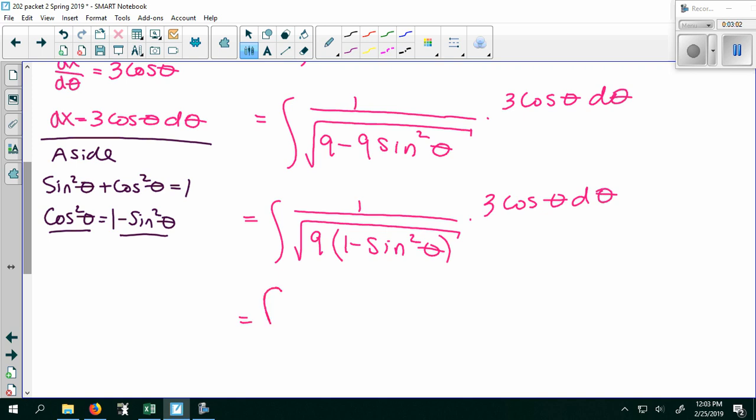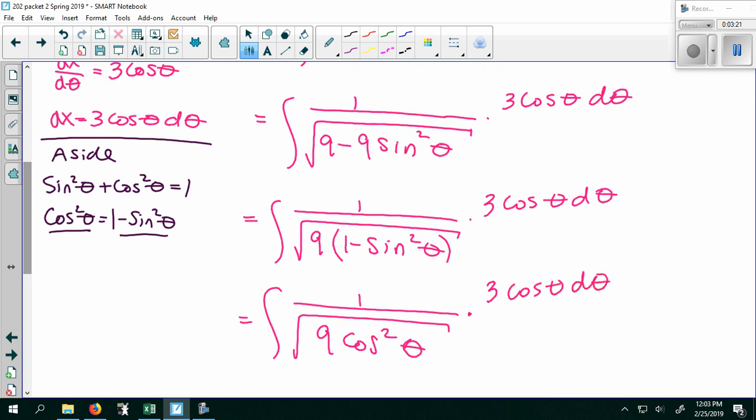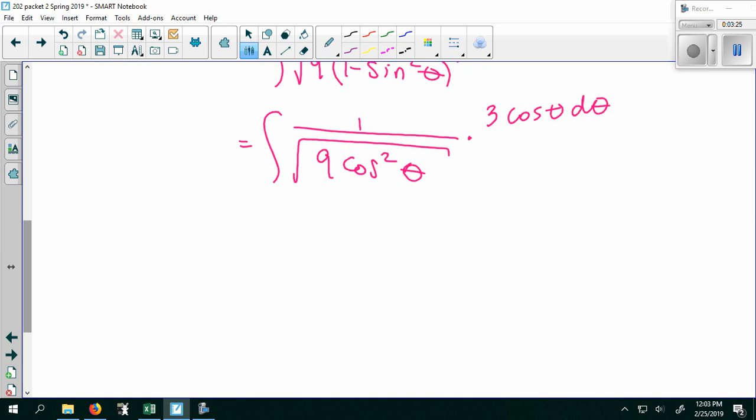So that's what I'm going to do in my next line. I have the integral of 1 over the square root of 9 cosine squared theta, replacing 1 minus sine squared with cosine squared, times 3 cosine theta d theta. Now I can take the square root of the denominator, because now this is 9 times cosine squared.